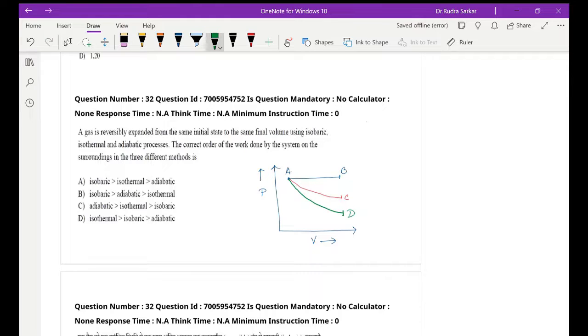Now if you want to find out the total work done, you will draw lines like this, and this area indicates the work done by the adiabatic process.